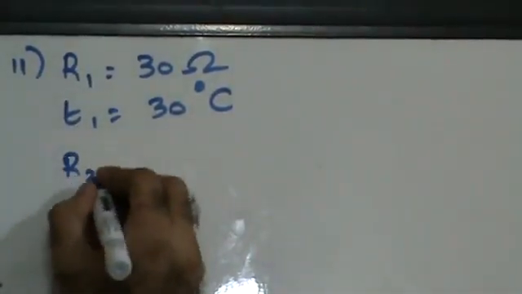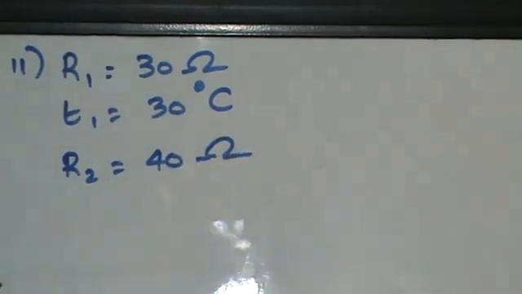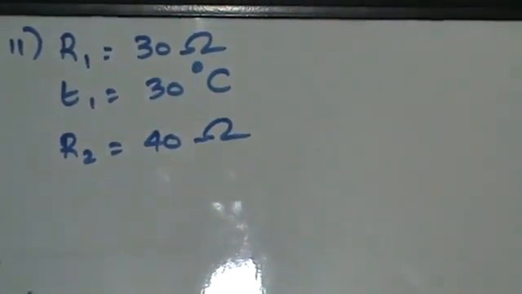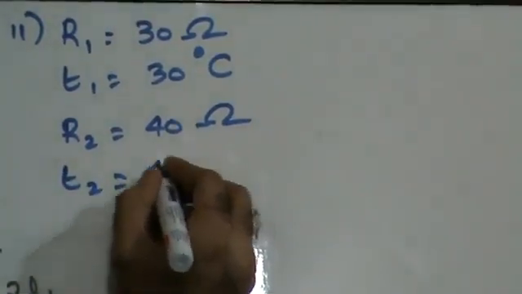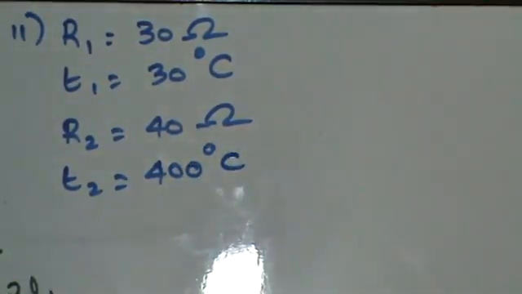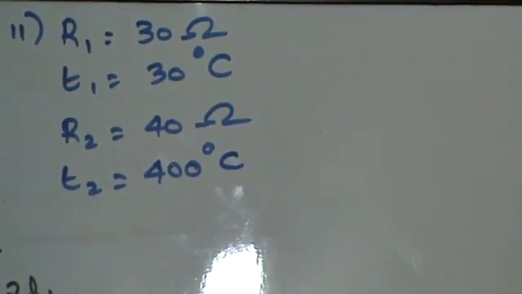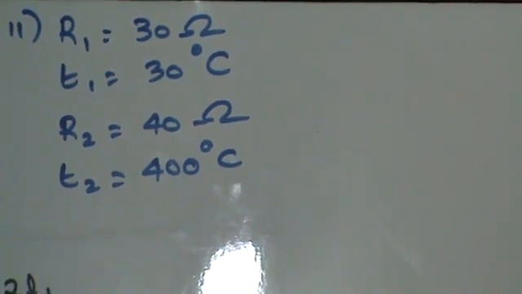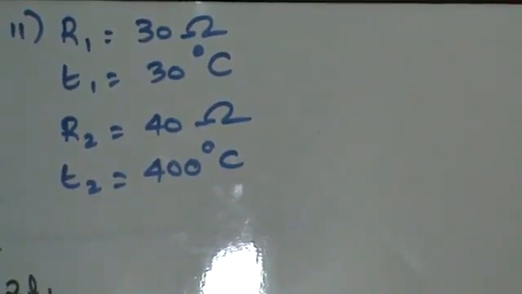The resistance is increased to 40 ohms at 400 degrees Celsius. Calculate the temperature coefficient of resistance.